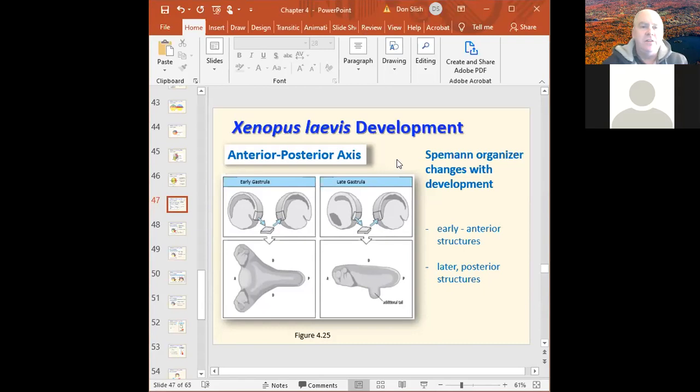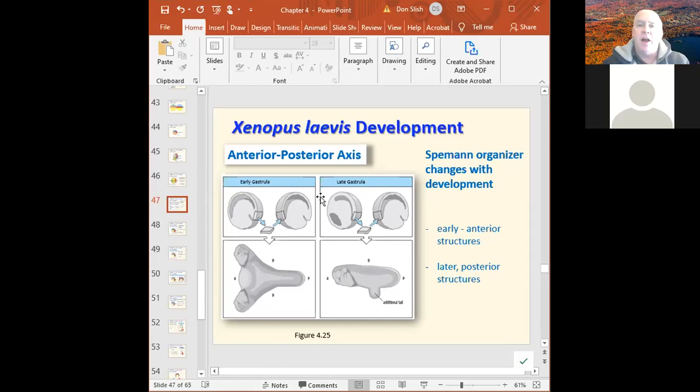These are like 1930, 1940s, before they had any molecular tools. They were playing around with embryos. So here's an example where you take the Spemann organizer out of an early gastrula, you stick it onto the other side of a different gastrula. So here's your blastoporal lip, take it out here, stick it on the other side, you get two heads, right? So that we've seen before, that's not a big deal.